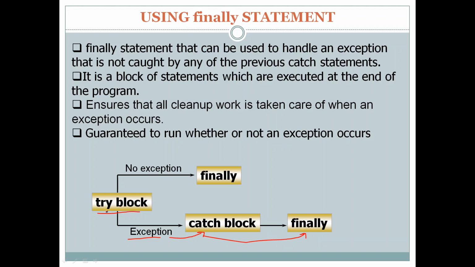Suppose the try block does not generate an exception, in that case it will not execute the catch block, but at the end it will execute the finally block. So the finally block is going to be executed whether or not the exception occurs. Okay, this is about the finally block in Java.